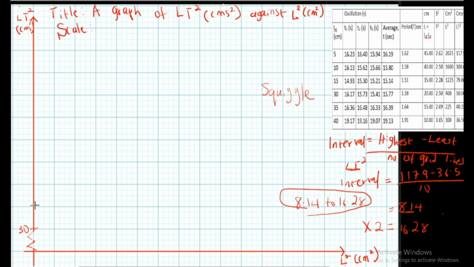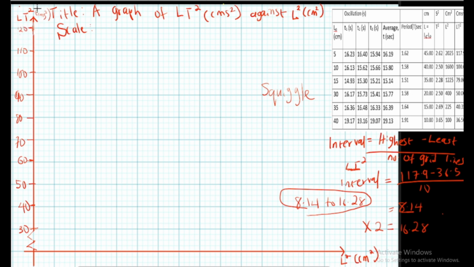Now the next number, based on my principle of interval or the scale I calculated, I have 40 to be next, and then the next one will be 50, then 60, then 70, then 80, 90, 100, 110, then I'm going to have 120 in this region here.